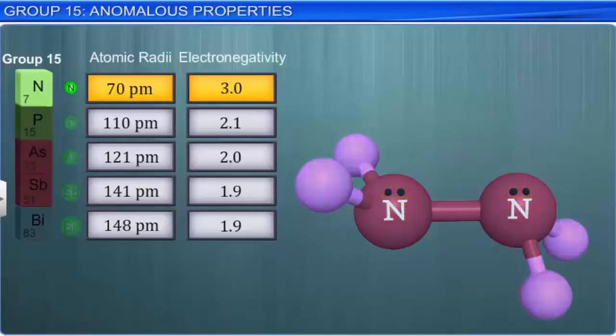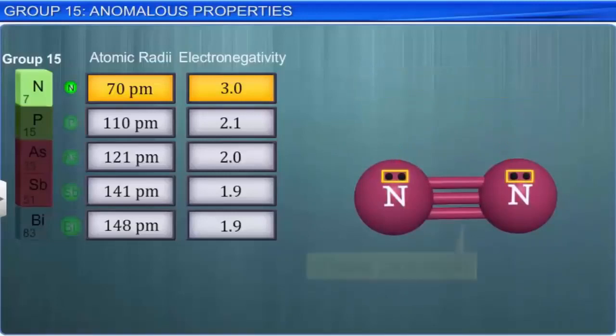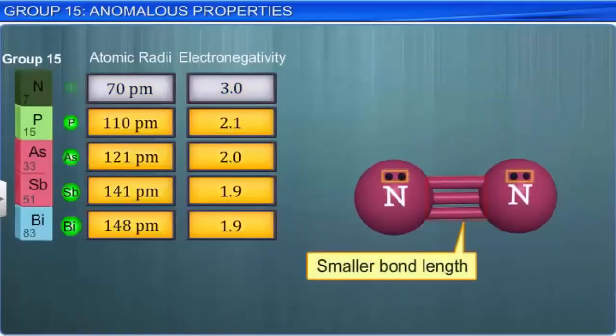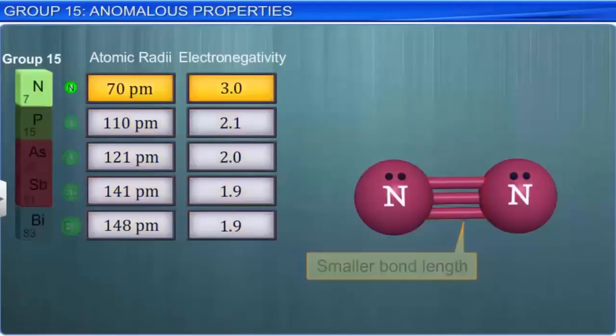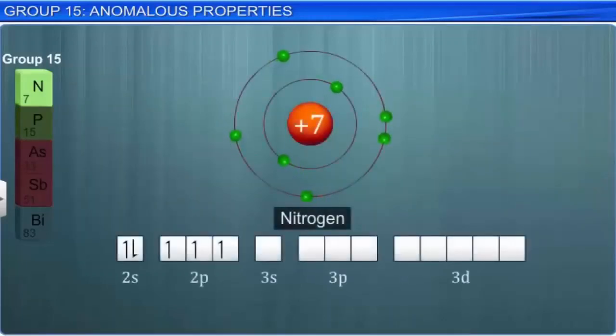The high interelectronic repulsions in dinitrogen are attributed to its smaller bond length or small size of nitrogen atoms. The maximum length of the chain observed for nitrogen is 3 in azide ion. Nitrogen doesn't form d-pi, p-pi bonds due to the absence of d orbitals.